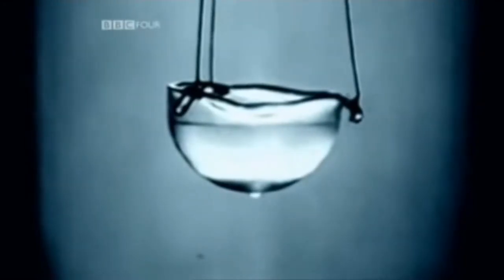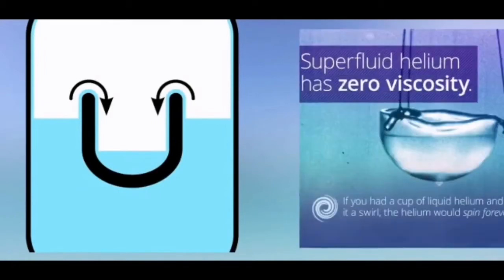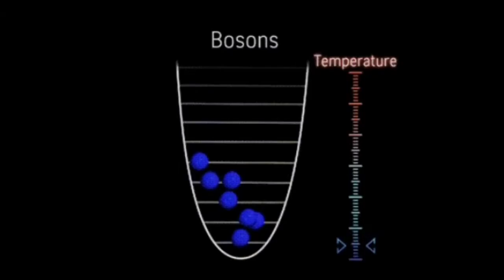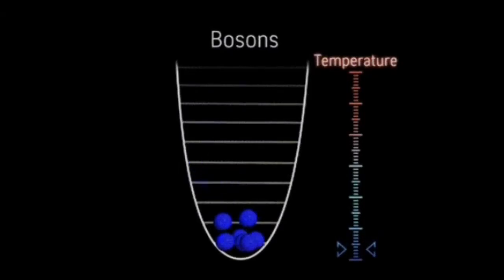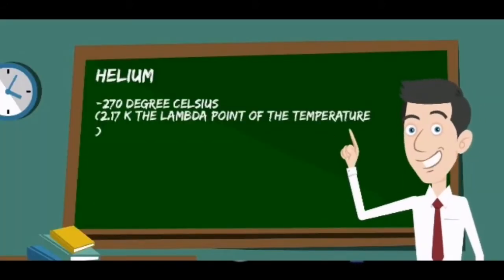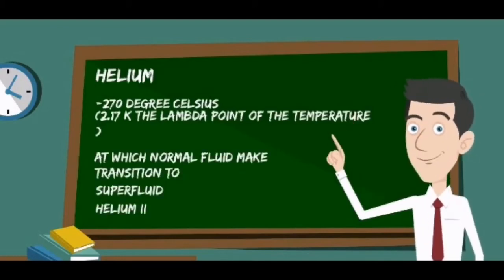It sounds impossible, but with helium cooled to minus 270 degrees Celsius, this is actually what happens. That's the critical temperature below which the matter makes its transition to a Bose-Einstein condensate. That is 2.17 K, the lambda point, the temperature at which normal fluid helium-1 makes a transition to superfluid helium-2.